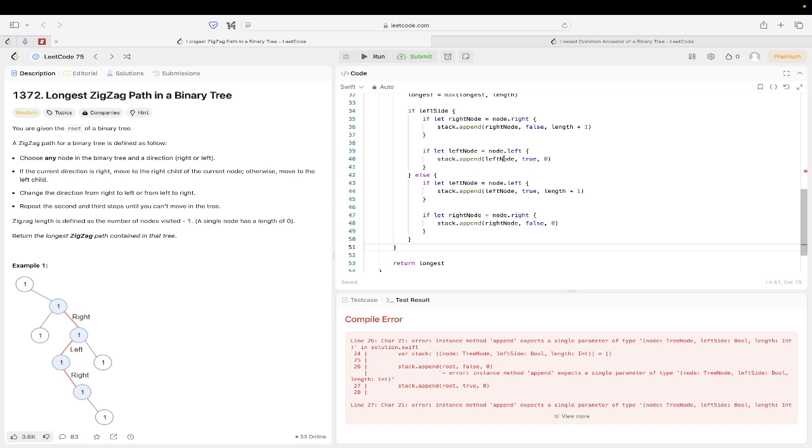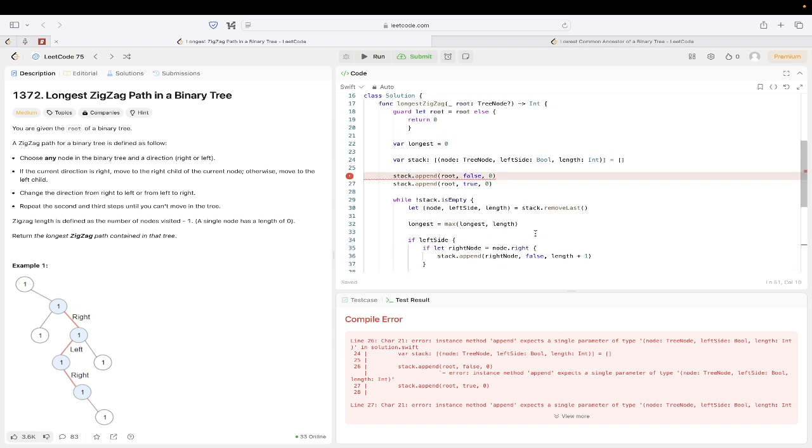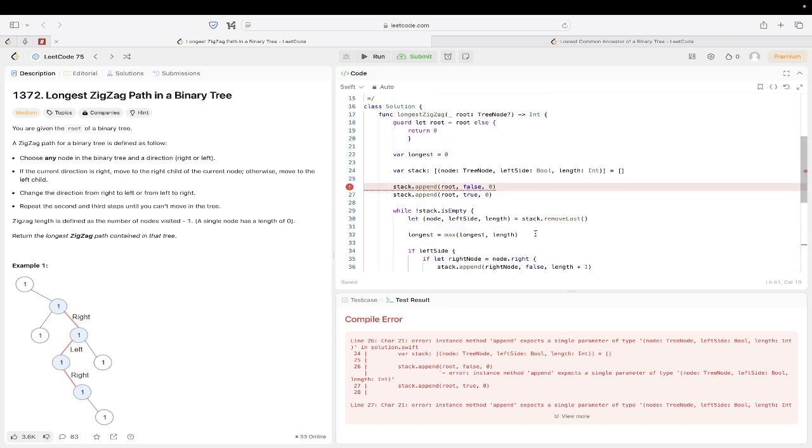It expects a simple parameter. The stack append expects a symmetrical parameter, left, right. So we're passing in a node, a bool, and an integer.